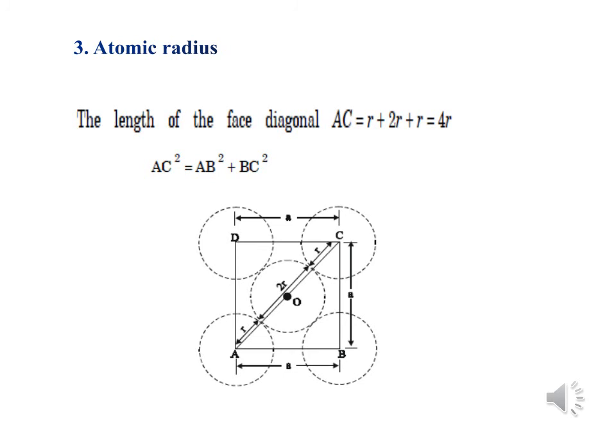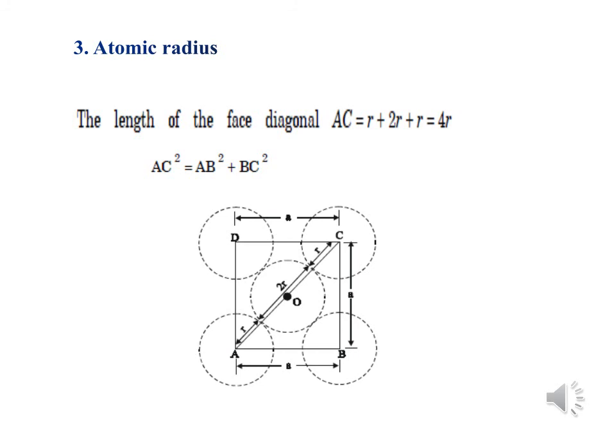These atoms lie in a straight line along the face diagonal AC. The atoms touch each other along the face diagonal of the cube. The length of the face diagonal AC is equal to R plus 2R plus R equal to 4R.